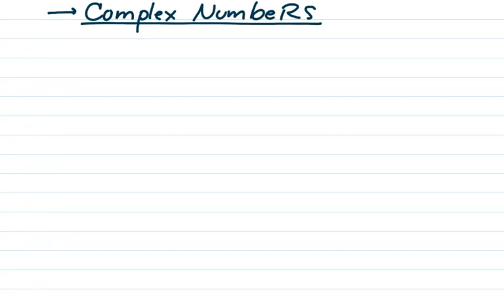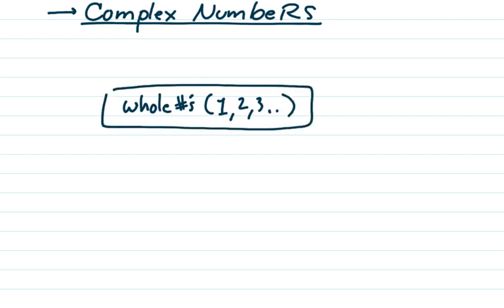So first, we have our whole numbers. It's like 1, 2, 3, blah, blah, blah. Okay, we can put that in a little circle. Then, including the whole numbers, if we want to expand our number set a little bit, we have integers.